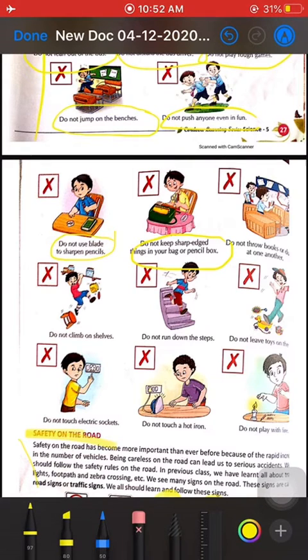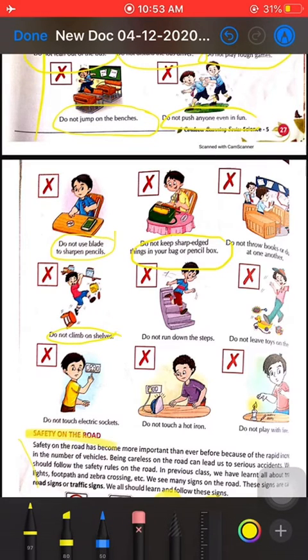Do not throw books at one another. That means we should not play with the books, and we should not hit one another with the books. Do not climb on shelves.